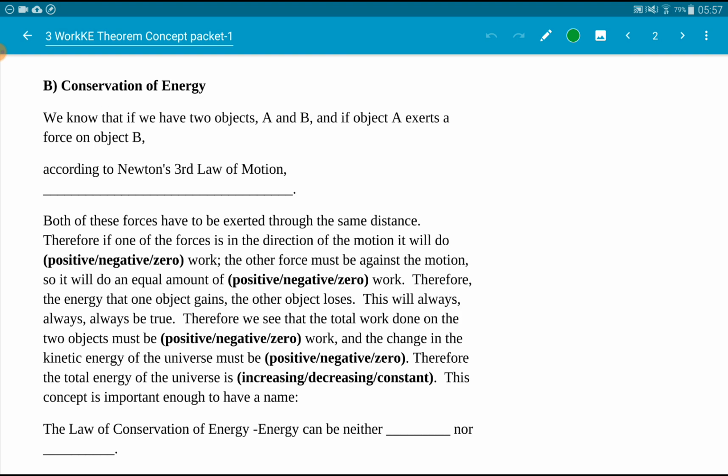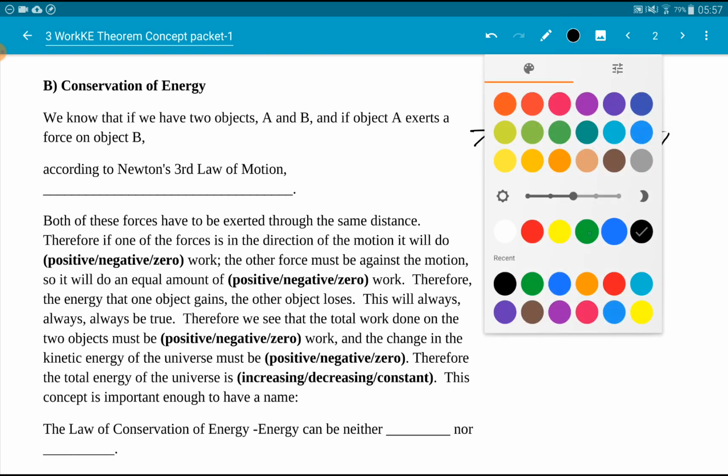From conservation of energy, we know that we can't create or destroy energy. And we also know that if we have two different objects, A and B, and object A exerts a force on B, let's take the classic example that you did a lab for, where I had a box. I'm going to use a person pushing on that box.